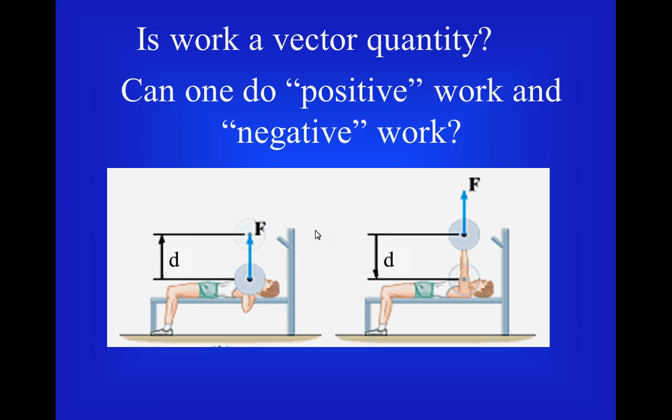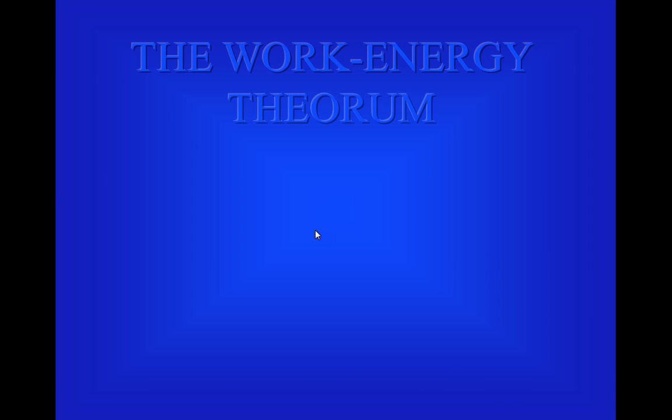So in the first case, when you do positive work, you're increasing the gravitational potential energy of the barbell. In the second case, where you do negative work, you are decreasing the gravitational potential energy of the barbell. Positive work and negative work.